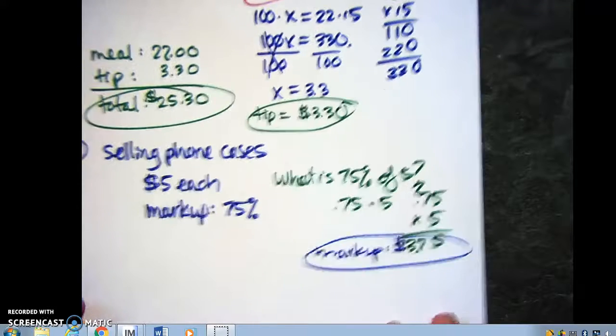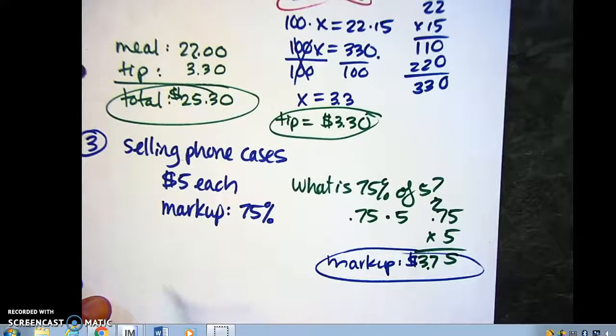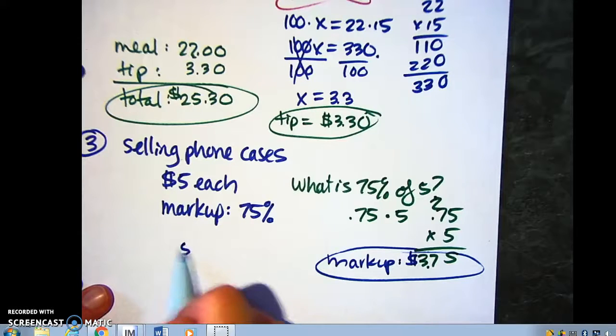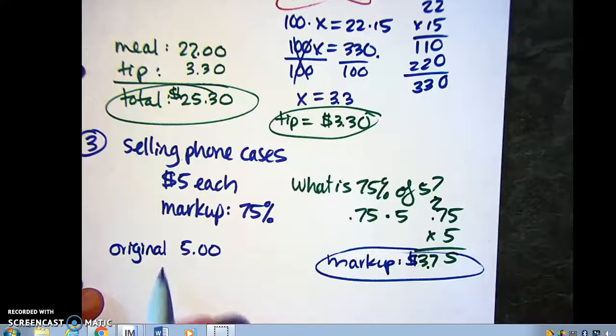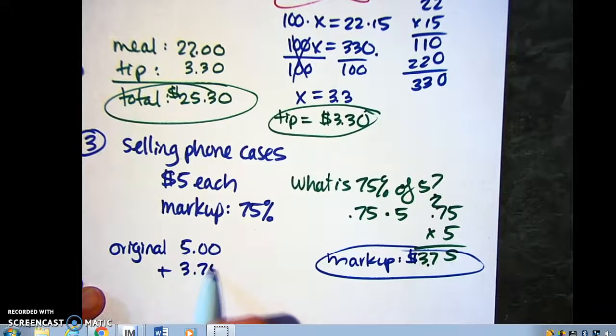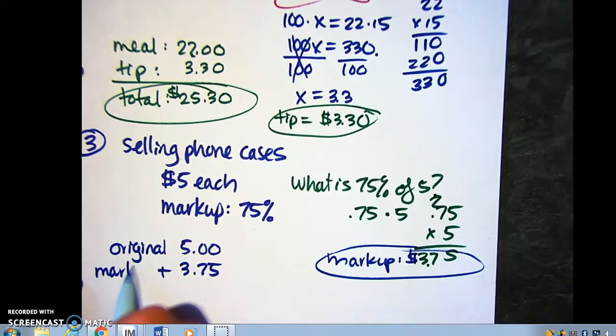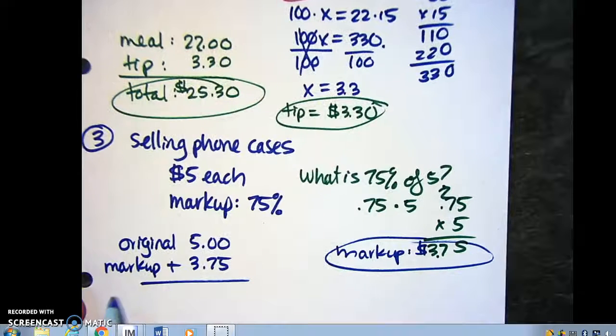But what you also need to know is what is the actual selling price. So our selling price is the original, $5, plus the markup, $3.75, for a selling price of $8.75.